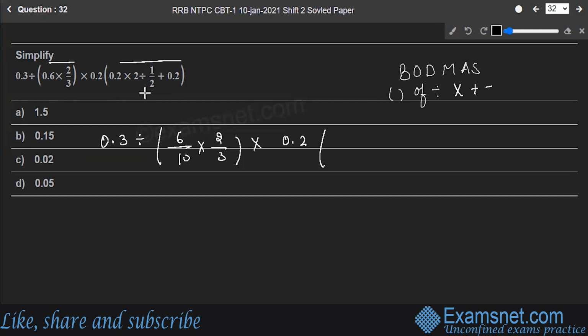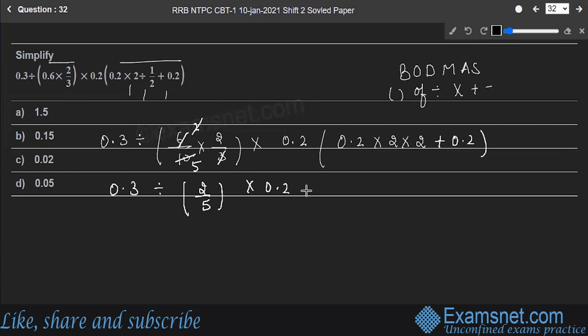So now within the brackets, I have three things: multiplication, division, and addition. Again, the BODMAS rule will be applied, and I'll solve division first. So 0.2 multiply 2 plus 0.2. So 0.3 divided by 2 by 5 multiply 0.2.